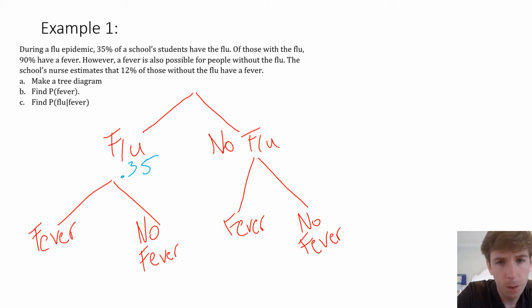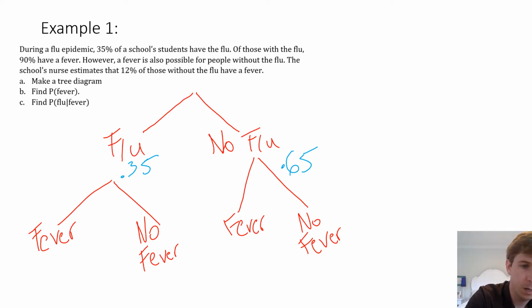All right, so for the no flu over here, it does not actually give us a number, but we know every break in the branch in a tree diagram needs to add up to 1. So to figure out the no flu portion, all we have to do is 1 minus 0.35, which is just 0.65. All right, so of those with the flu, 90% have a fever.